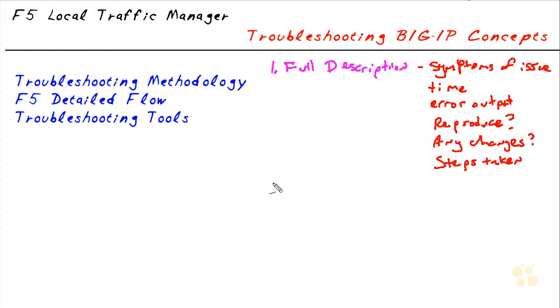The next part we need to tell their TAC guys is the impact. This will help us get the severity involved. So is it site down? Is it site at risk, but we'll just say critical impact?